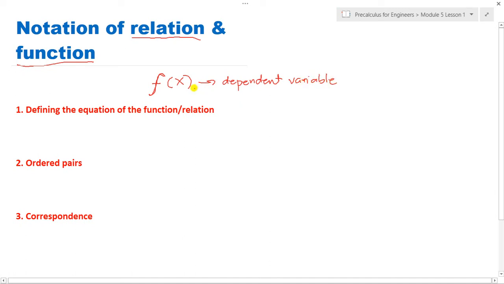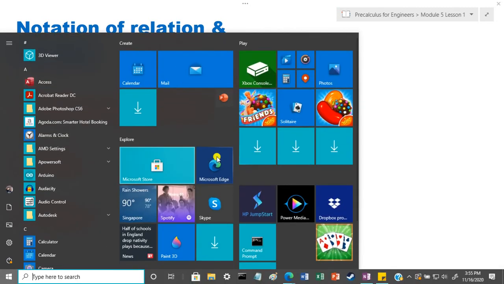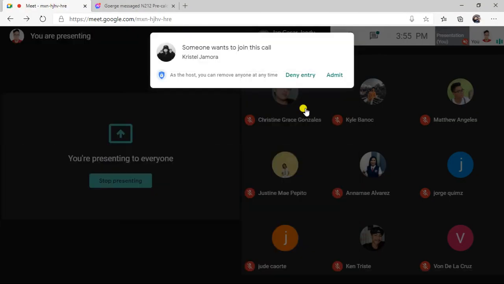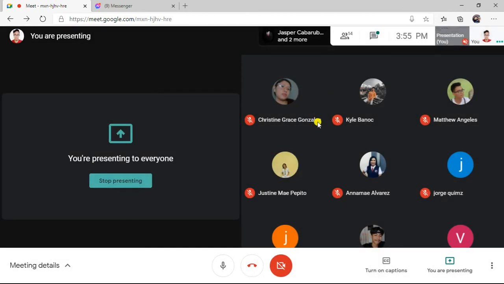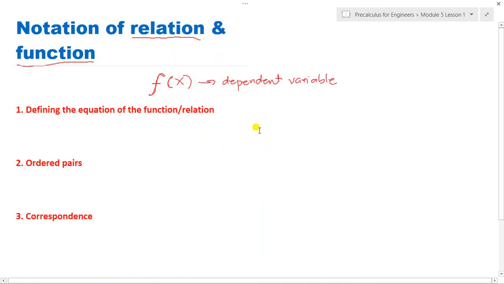And then what is the inside variable of our f of x? The inside variable here is our x. What is this x? The x inside here is our independent variable. So here, this represents our dependent variable.